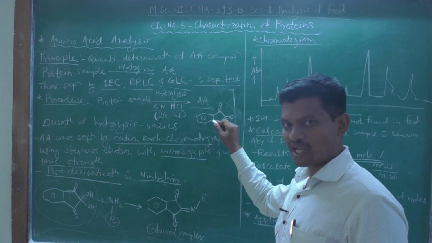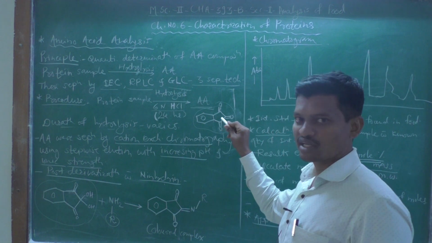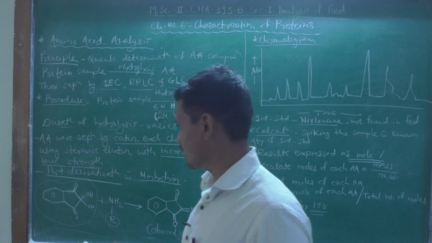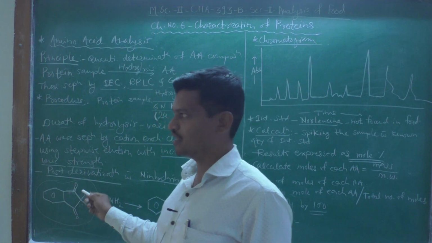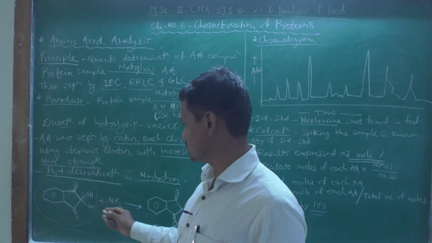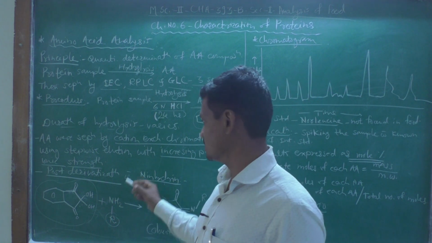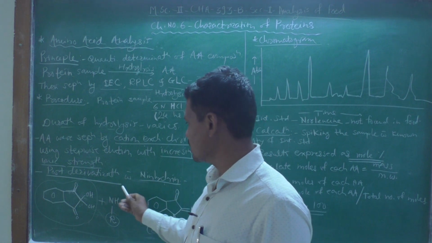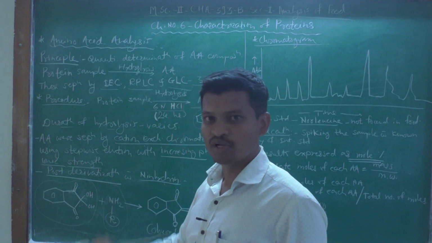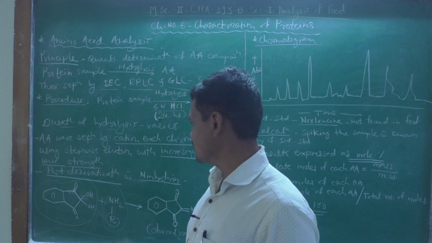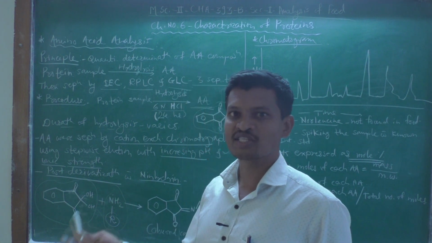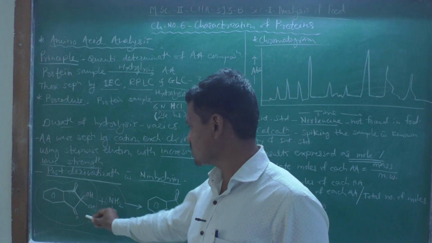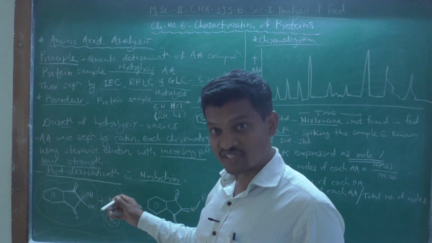This is the structure of ninhydrin, and when water molecules react with ninhydrin, we call it the hydrolyzed form of ninhydrin. When ninhydrin reacts with our amino acid separated by cation exchange chromatography, the amino acid contains a free NH2 group, and this NH2 group is responsible for the reaction with the ninhydrin molecule.